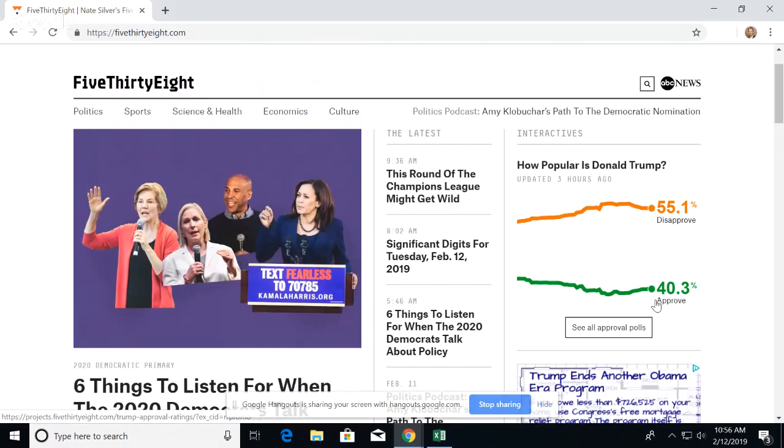How they got the name: there's a guy named Nate Silver, and in 2012, there are 538 electoral college votes. He tried to predict how many Barack Obama would get and how many Mitt Romney would get, and he nailed it.